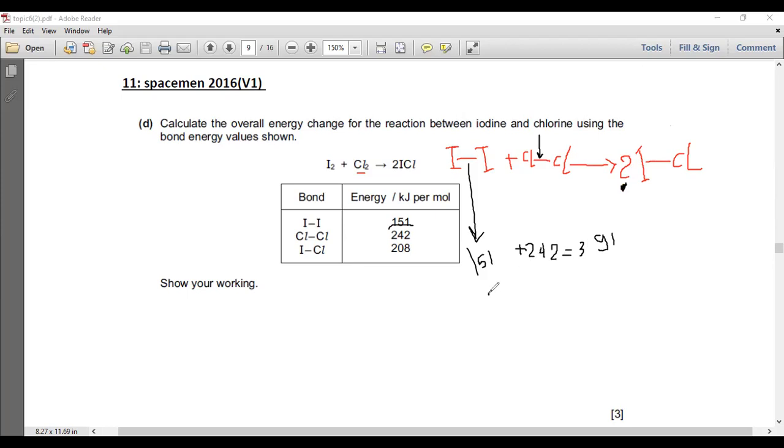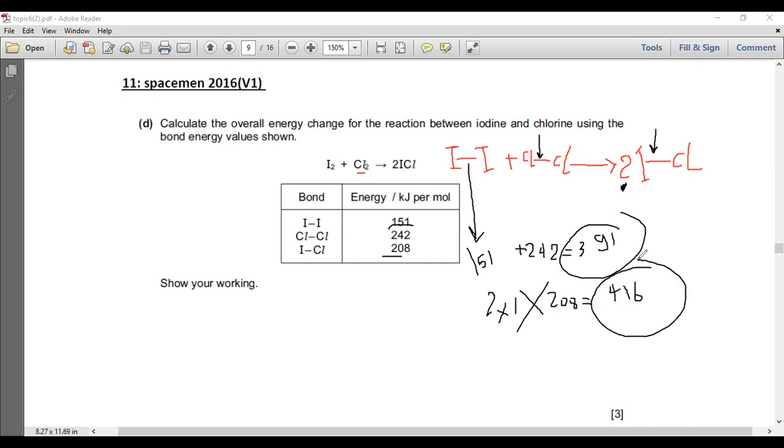So energy out, 2 multiply I bond Cl. What is the value of I bond Cl? 208. So the answer is 416. Then subtract energy in minus energy out. It will give you -23. Got it?